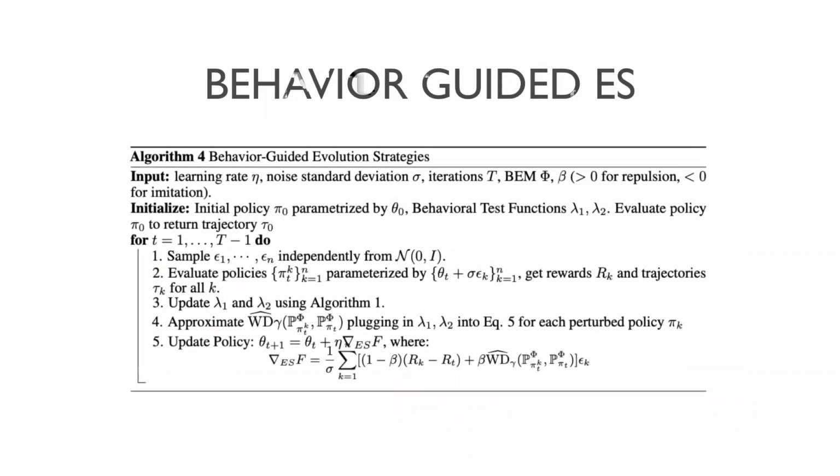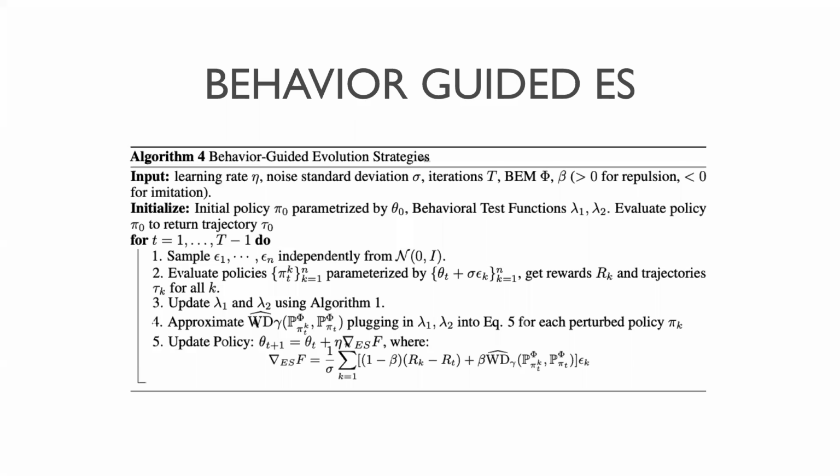And then the next one is how to use this for quote unquote novelty search type of stuff. Sorry, it's pretty hard to read this. But another way in which you could optimize these augmented rewards, where the rewards now have an extra penalty that corresponds to the test functions, is by just using an evolution strategies algorithm. That's this algorithm here, behavior guided evolution strategies.